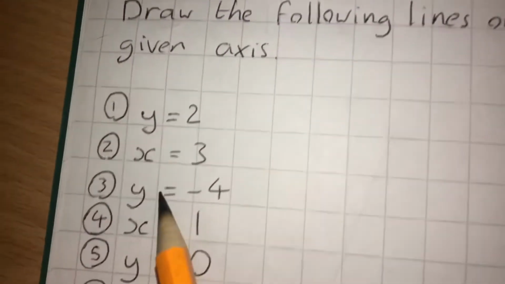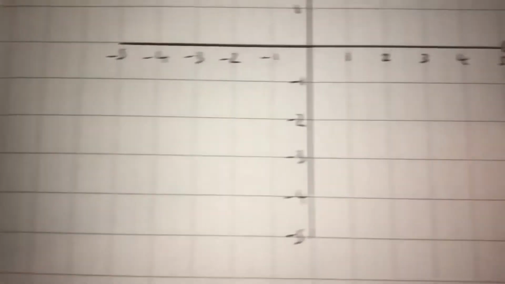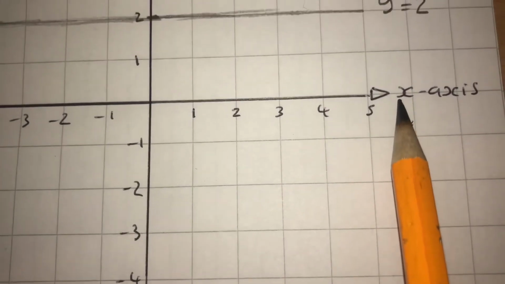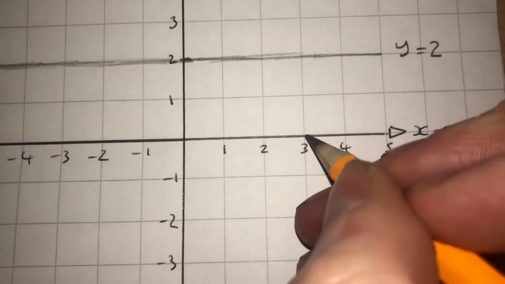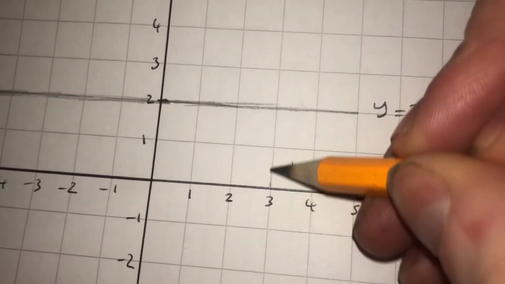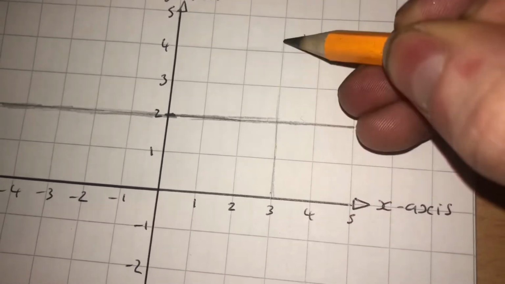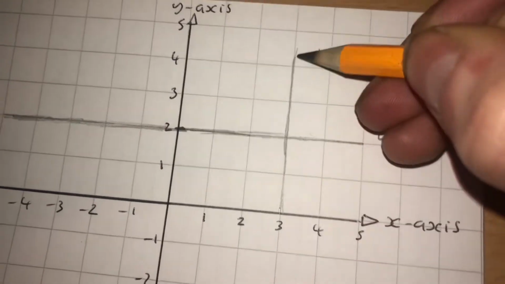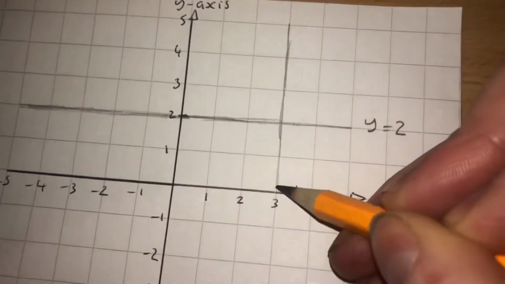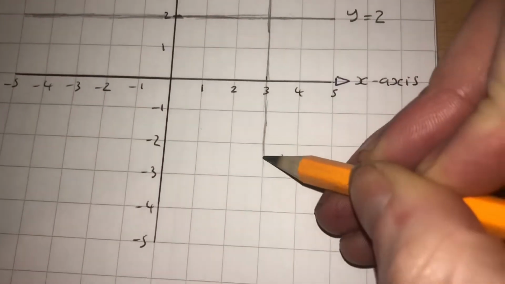Alright. The next line I've been asked to draw is x equals 3. So therefore I'm going to my x-axis, which is our horizontal axis. I'm going towards number 3 on that axis, and I draw a line that is perpendicular to number 3 on the x-axis. And again, drawn freehand, but we'll end up with a vertical line just like this, right down.